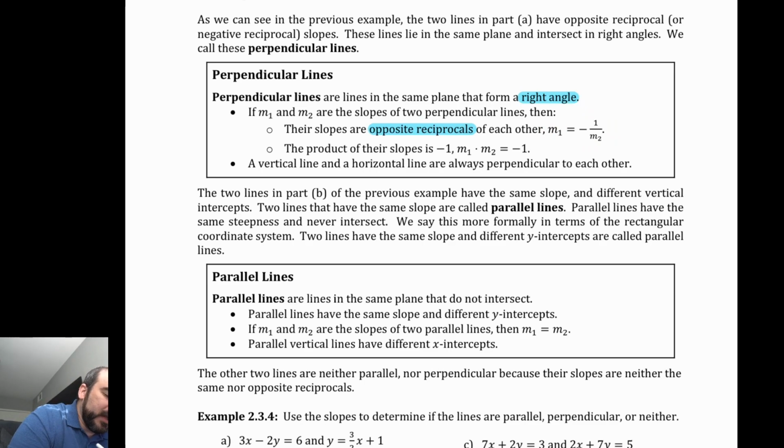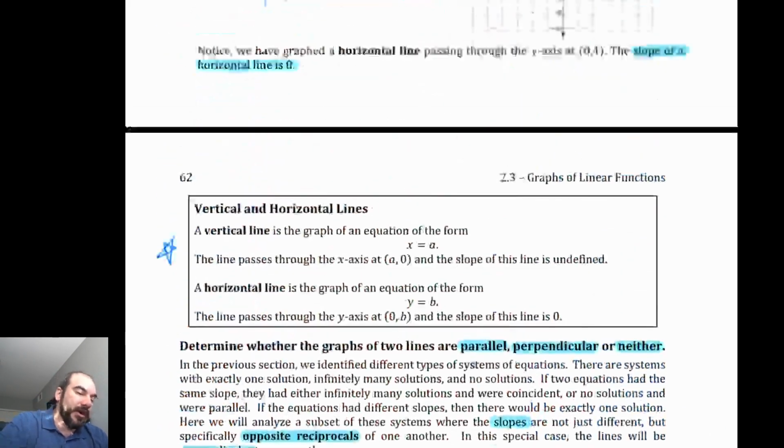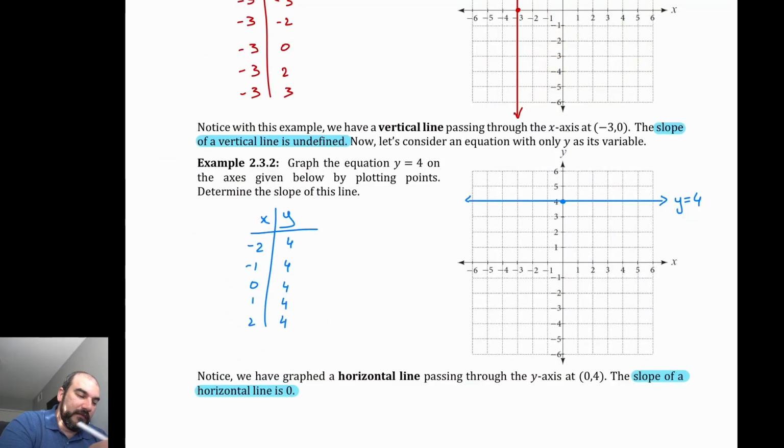And then there's a little extra bullet point here talking about vertical line and horizontal line. Because we talked about earlier the vertical line having an undefined slope, we can't really talk about opposite reciprocals when one of the slopes is undefined and one of the slopes is 0.